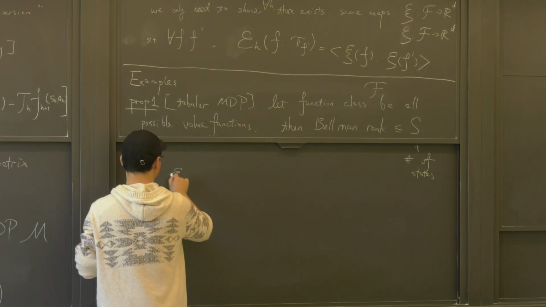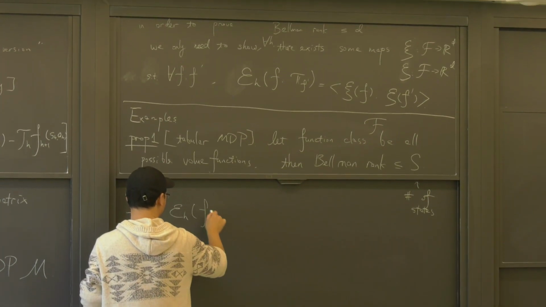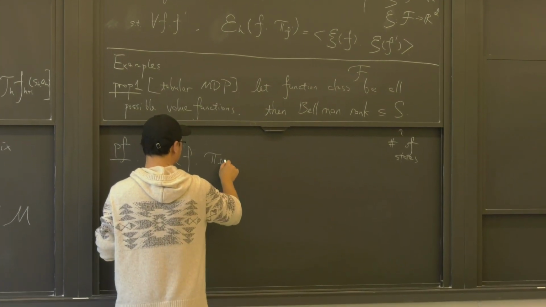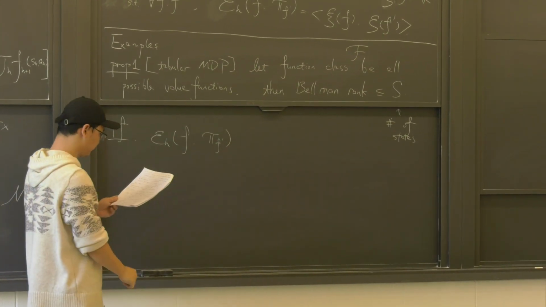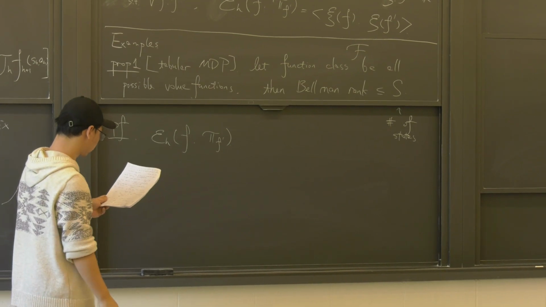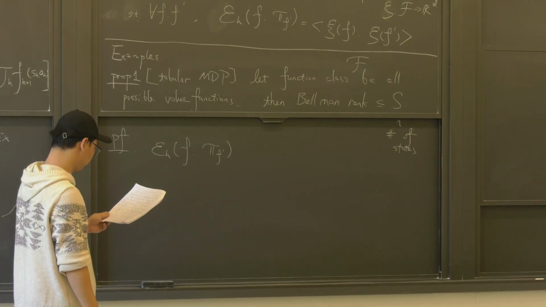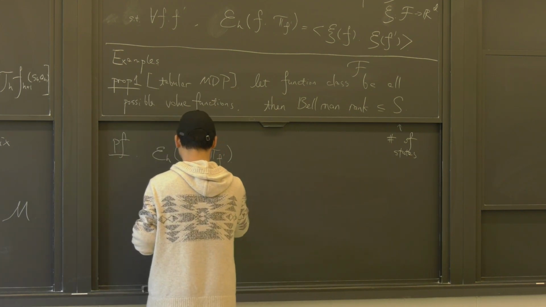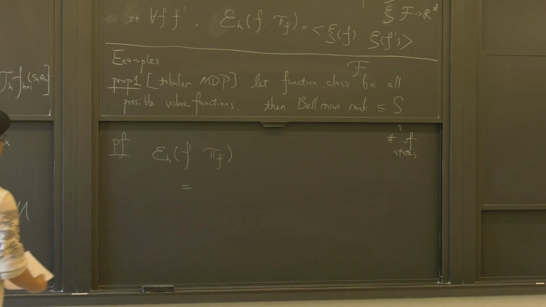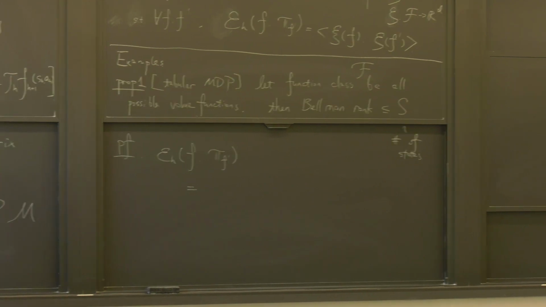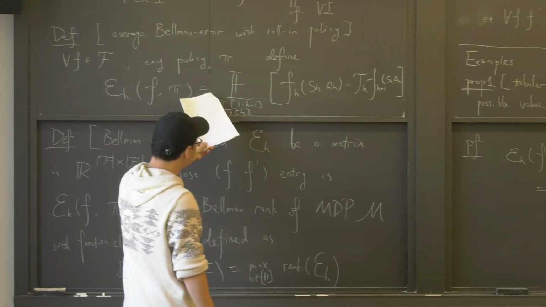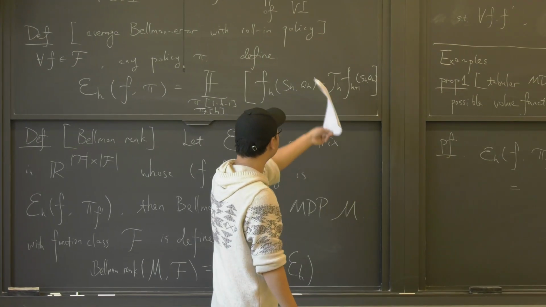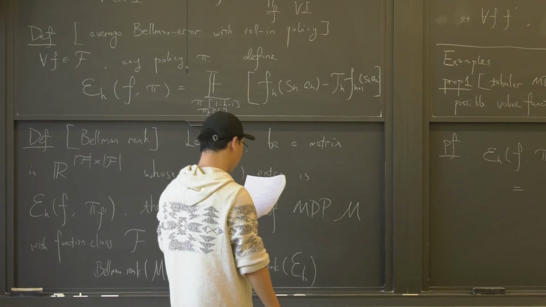We look at this average Bellman error, where we evaluate at a value function f with rollout policy pi f prime. By definition, this is the expected value of the Bellman error, which takes this form.